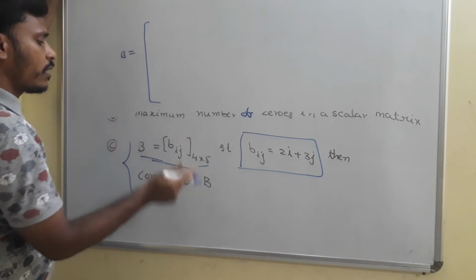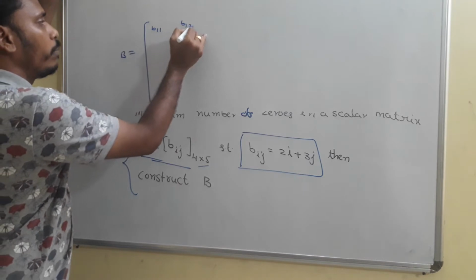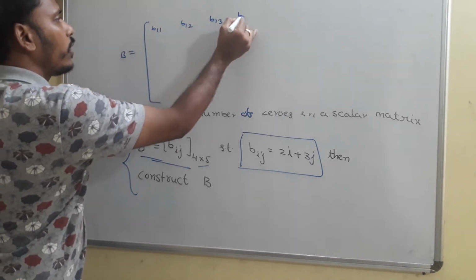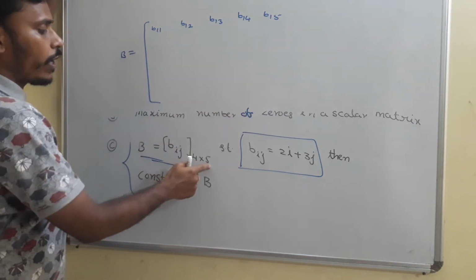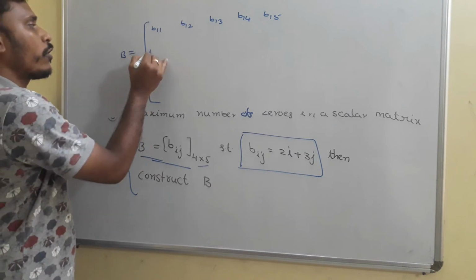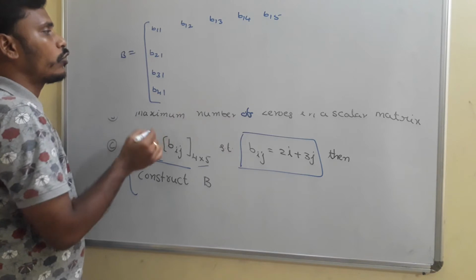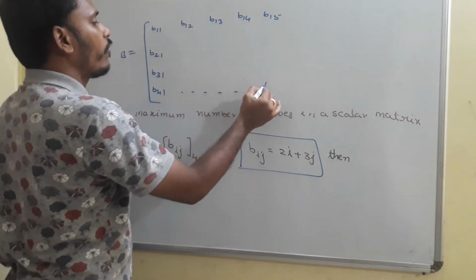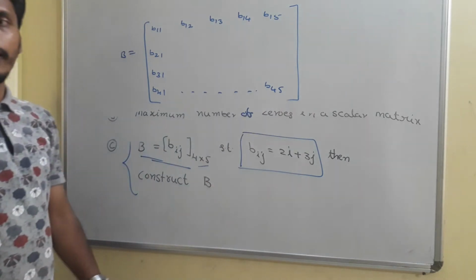B is of order 4 by 5, so we may take B11, B12, B13, B14, B15. Since there are 4 rows and 5 columns, we need to take 5 elements in the first row. And in the second row, B21, third row, B31, fourth row, B41, like that. If we continue, this is B45, and totally there exist 20 elements in such manner.